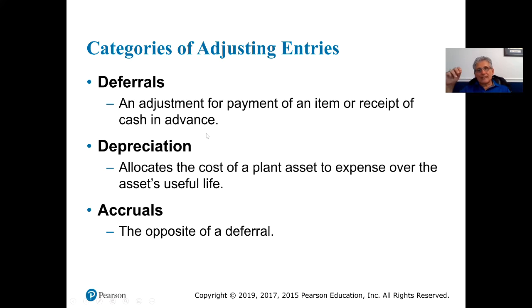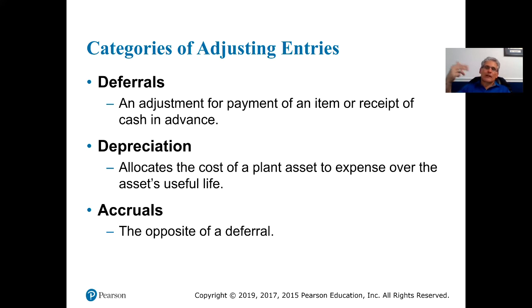So we paid in advance. We need to make an adjustment every month for that amount of money to be recognized as an expense. That's not going to happen automatically. That's not going to happen through accounts payable. That's not going to happen through accounts receivable. It's something that an accountant or a bookkeeper has to record or make the adjustments.